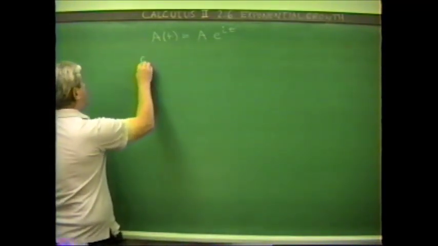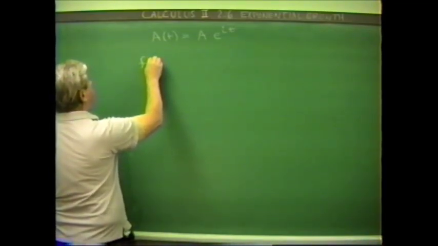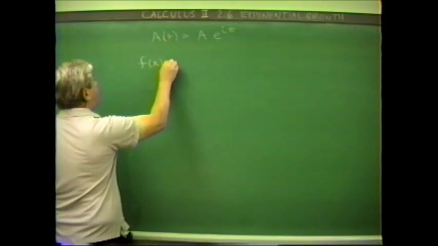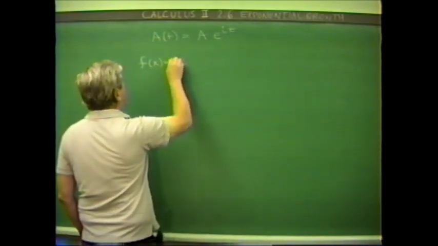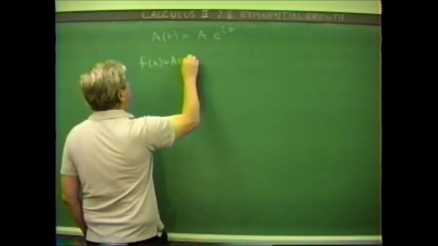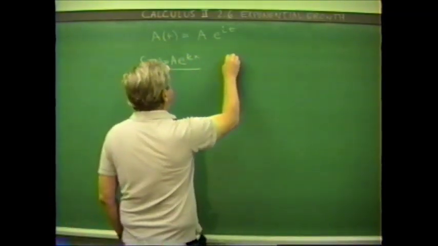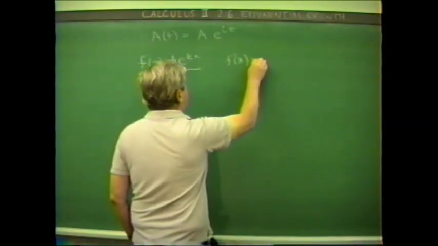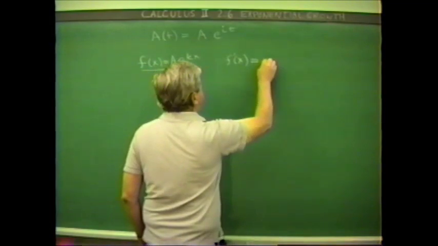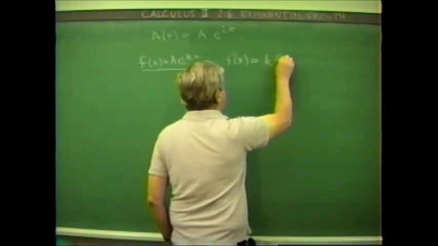Exponential growth in general consists of the situation where you have a function f of x given by a e to the kx, right? And this arises whenever you've got the following situation. f prime of x is proportionate to f of x.